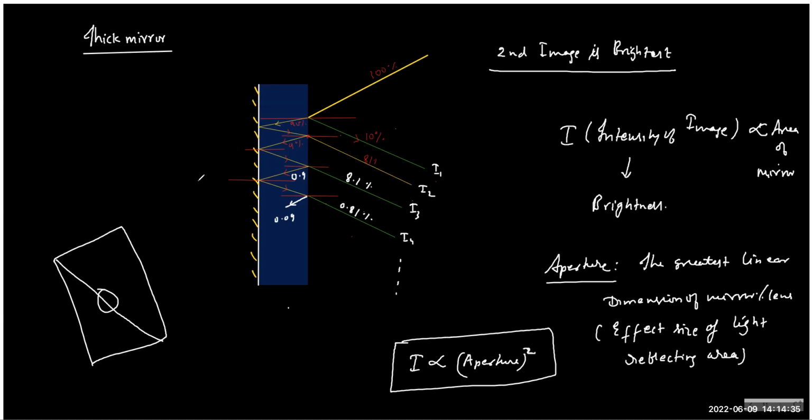You need to know theoretically what is the meaning of aperture. And aperture will decide the intensity. So imagine if I reduce the radius of a lens by one half, how much will the intensity be affected?